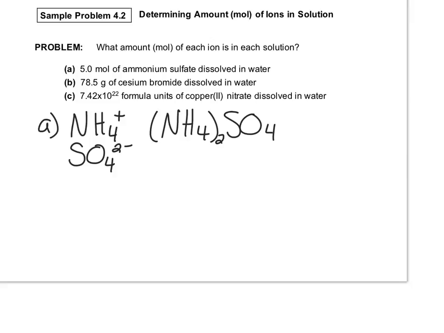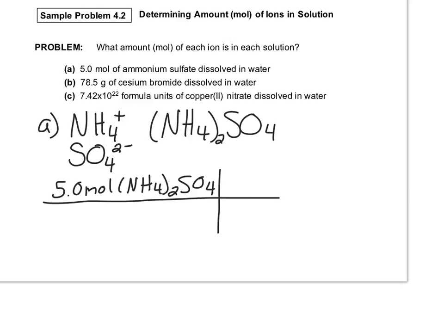So now that we have our formula, we can begin to answer the actual question, right? So let's start with ammonium since it's listed first in our formula. So I have 5 moles of ammonium sulfate, and the question wants to know how many of each ion, so I'm going to do ammonium first. So I have to figure out what conversion factor I have available that will get me from moles of ammonium sulfate to moles of just ammonium by itself.